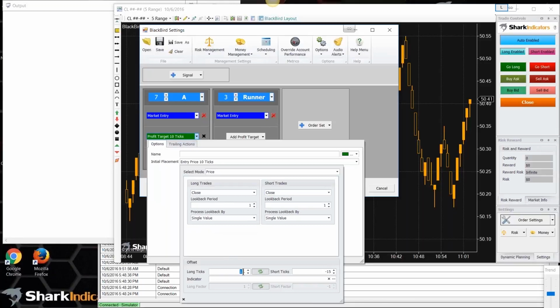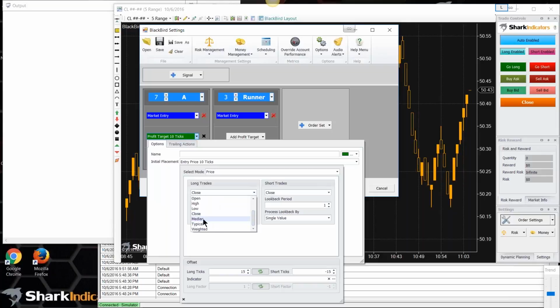You could set your profit target 15 ticks from the previous bar's closing price, or the closed bar's closing price. You could even use the median price of the previous bar. There are other prices here available to you.